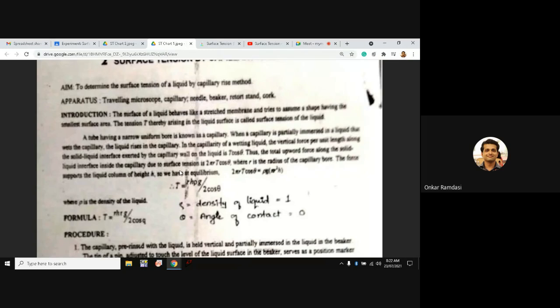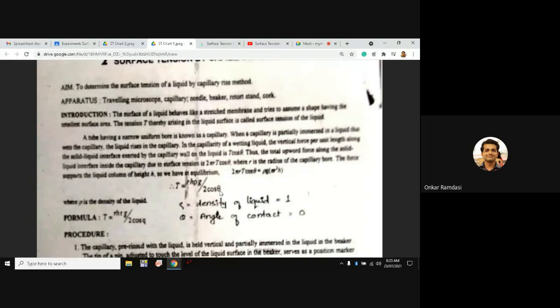In CGS it is 980, and if you consider the MKS system or SI system, it is 9.8 meter per second square. And obviously the angle of contact. In this case, whatever water we are considering, that is tap water or pure water, the angle of contact might not be zero, but still we are assuming that the water we have taken is pure and the angle of contact is zero.